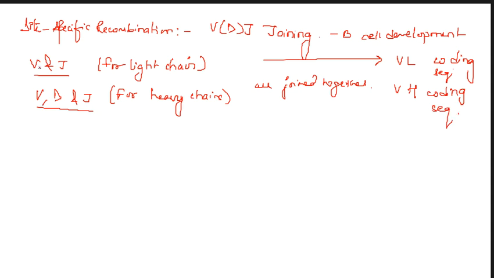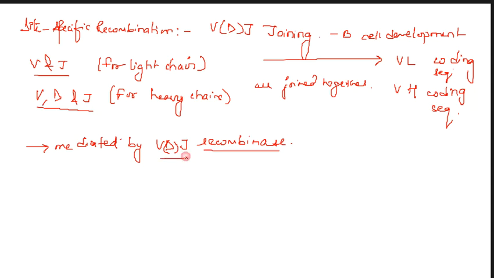Okay, and this process of joining is mediated by VDJ recombinase. Here we write D in brackets. This VDJ recombinase consists of two parts. What are the two parts?